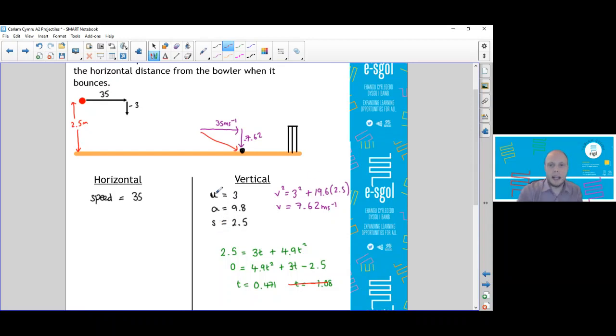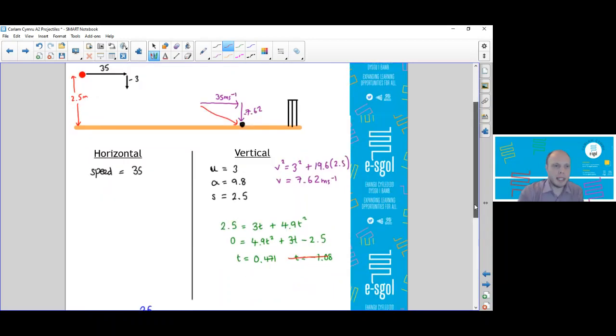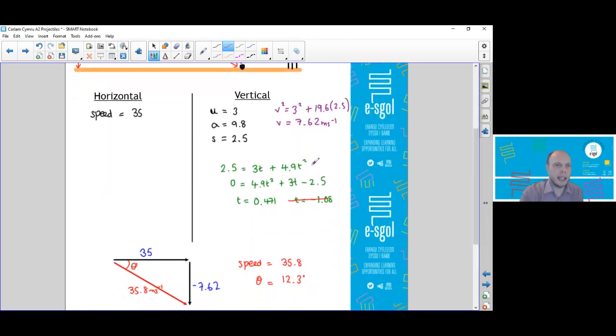Okay. Horizontal distance when it bounces. If I want to work horizontally, I need to transfer that time value over here. So the time is 0.471 seconds, and then we can just do distance equals speed times time. And then if you plug those numbers in, you get 16.5 meters.